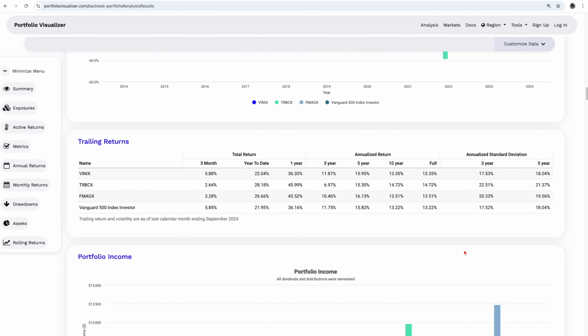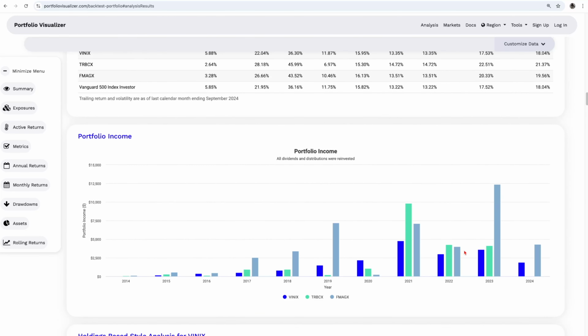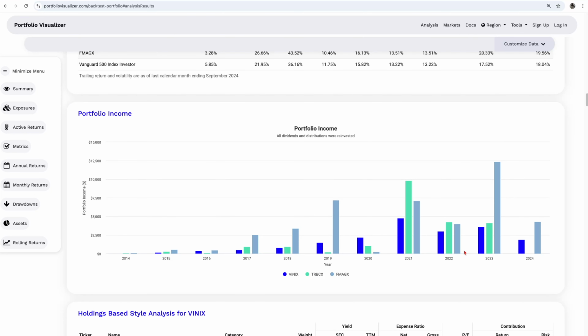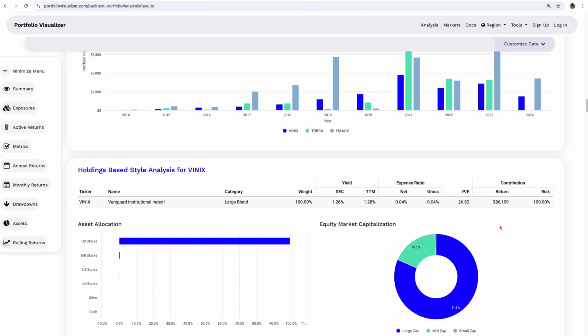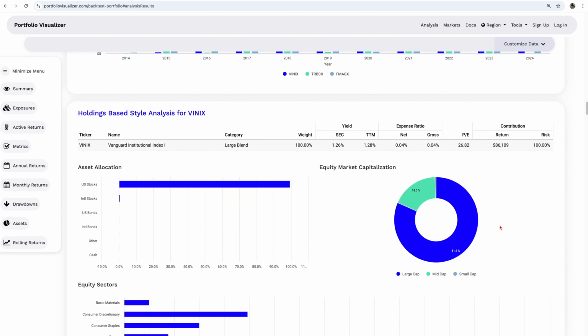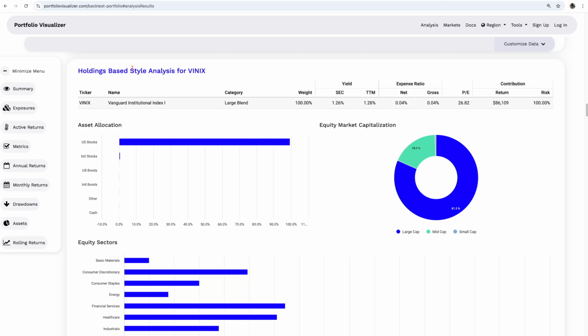Trailing return, I'm going to browse through that. Portfolio income, in other words, the dividend received from each of those funds, or a common word for us is interest. And this gives you a summary similar to the 401k plan.